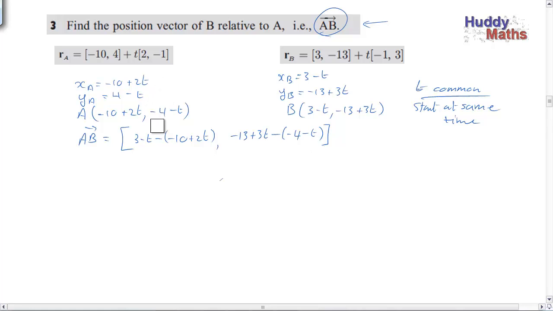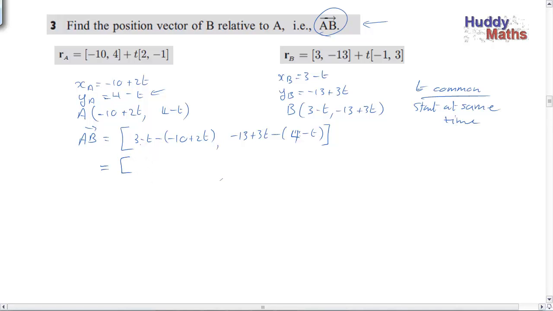I've copied that down incorrectly. It's 4 take t, and over here 4 take t. Yep, just watch that. Okay, so that's interesting what we've got there in terms of a parametric form for the vector AB, and we're going to use general points A and B on the two paths.